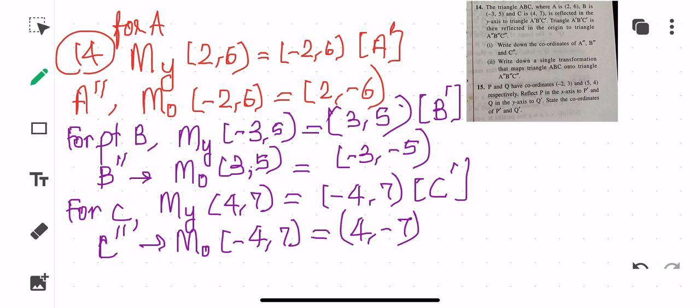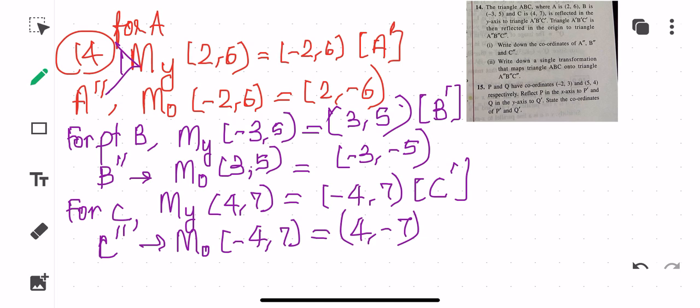Okay, so now what are they asking in the first sub question? So you have found out the coordinates of point A. This is our first sub question, of coordinates of point B double dash and C double dash. Now write down a single transformation that maps triangle ABC onto triangle A double dash, B double dash, C double dash. So this is the thing, children.